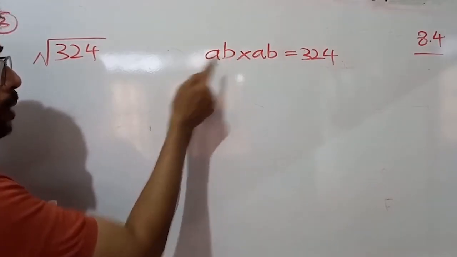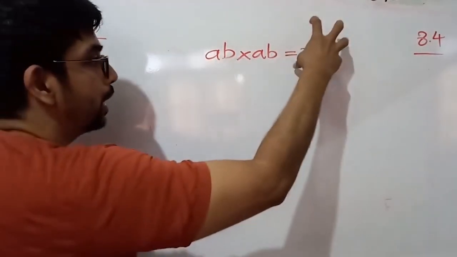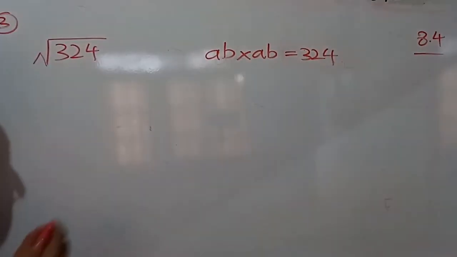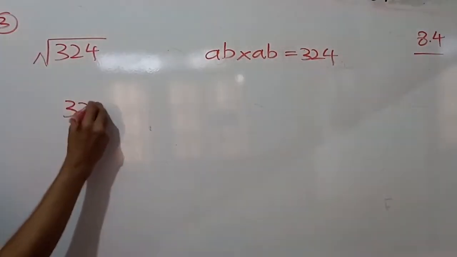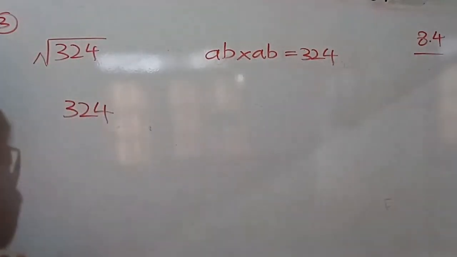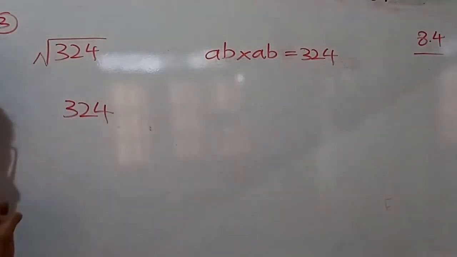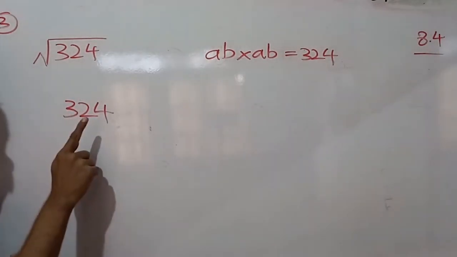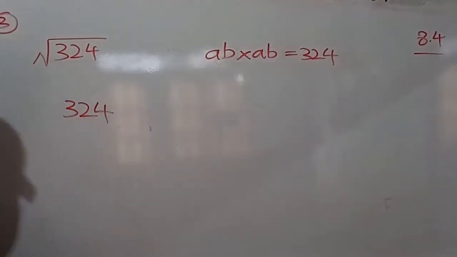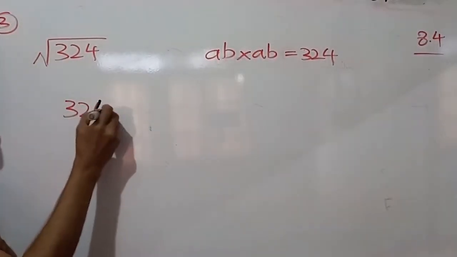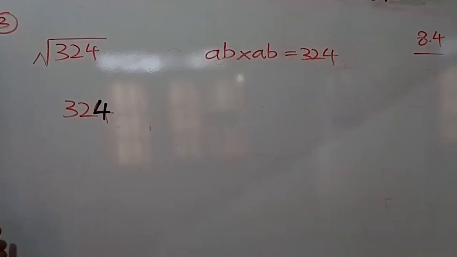We can look at this number and work out what comes for A and what comes for B. Right? So the first thing is 324. Can this be a perfect square? Don't go searching straight away. Check whether this can be a perfect square. If we take a look at the ones place, the digit is what? 4.